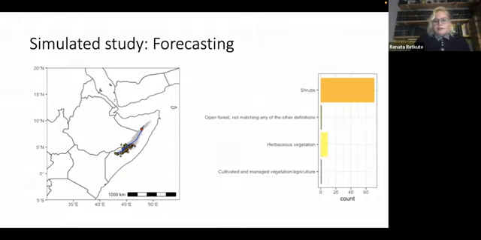I can go further and run my model for a week and see what's happening. So blue is my initial simulation, which I assume is my real trajectory. So we can see there is quite big variability after a week in where they could land, and there is even one point which is in a cropland.